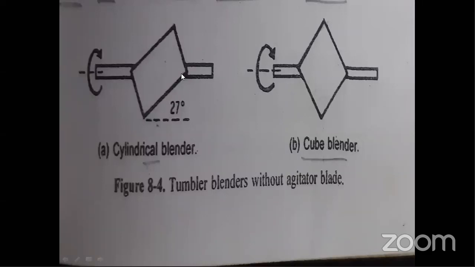If your blender edge is 27 degrees, one survey report says that your mixing process is uniform, because in this type no centrifugal force is created during the mixing process. But in the case of a cube-shaped blender, there is a chance of creating centrifugal force during the mixing process.